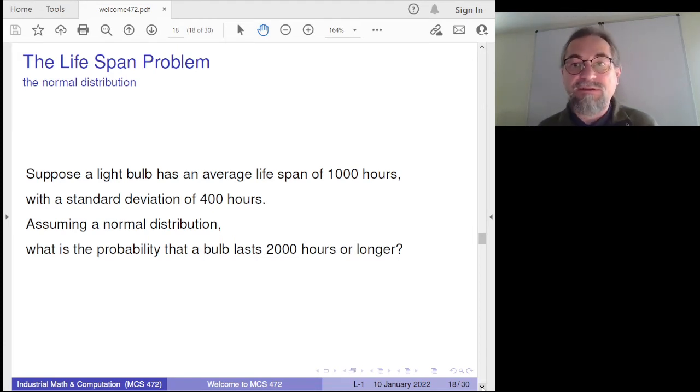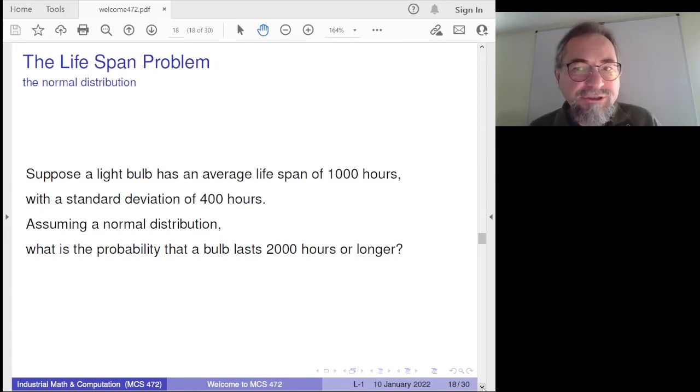Sometimes the standard deviation might be on there, but you may have to look it up or guess it. So suppose here that on average we have 1000 hours, but a normal bulb will give light between 600 and 1400 hours. This is how you should interpret the standard deviation.